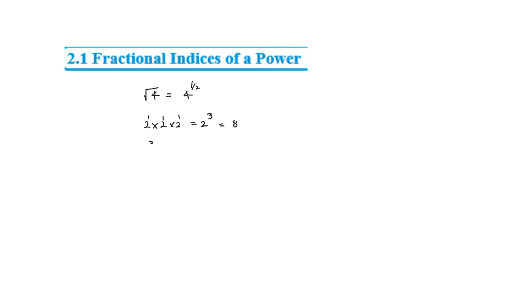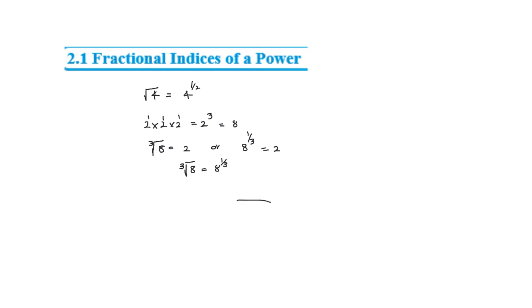Also, you can write cubic root of 8 is equal to 2, or 8 to the power 1/3 is equal to 2. Which means we can write cubic root of 8 as 8 to the power 1/3.